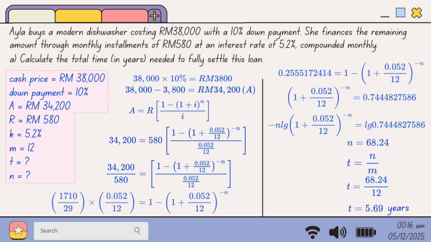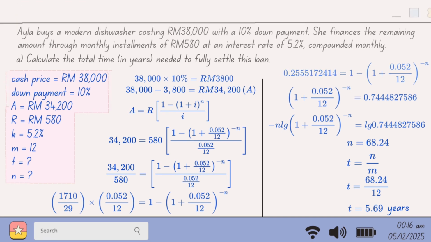To find n, we're going to use algebraic rearrangement and logarithms. Then we get n. After we get n, we divide n by m, which is 68.24 divided by 12. Then we get the answer, which is T equals 5.69 years.